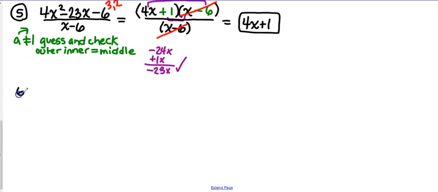Number 6. 2x squared minus 7x minus 15, all divided by 2x squared plus 5x plus 3.